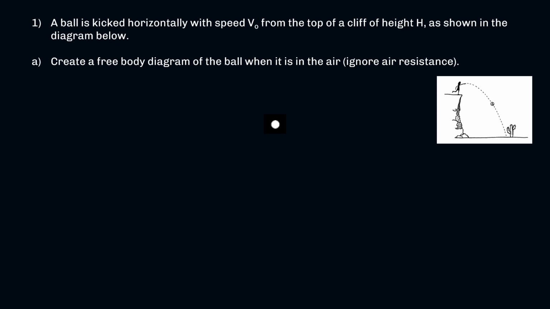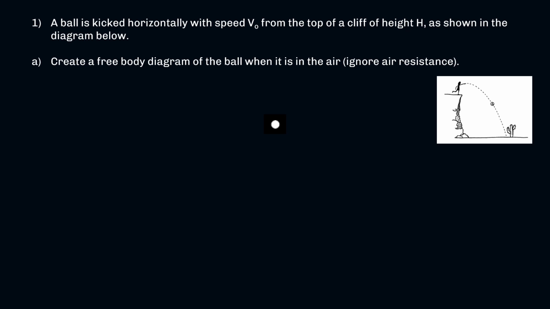At first, all we're going to do is just draw our free body diagram. So again, a free body diagram shows what forces are acting on the object. All forces are contact forces besides the force of gravity, or the force of Earth on the object. When the ball is in the air, there's nothing in contact with it. So that means the only force I should have on the ball is Fg.